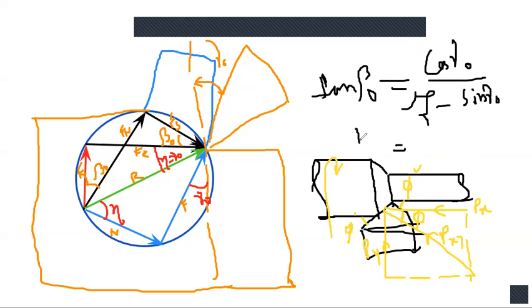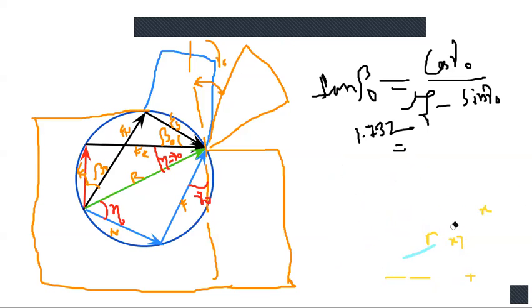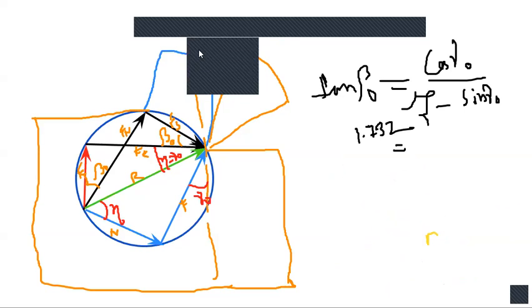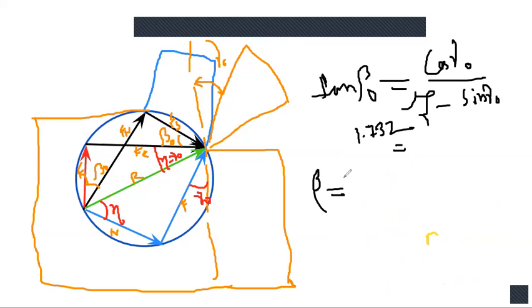Xi is given, 1.732, and gamma naught is 0. Then what is the value of beta? Beta is tan inverse of this. So beta equals 30 degree.